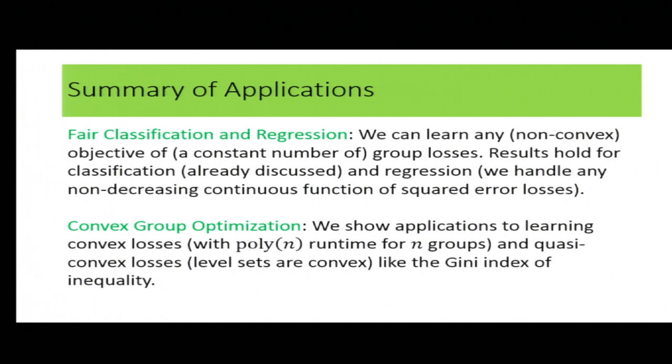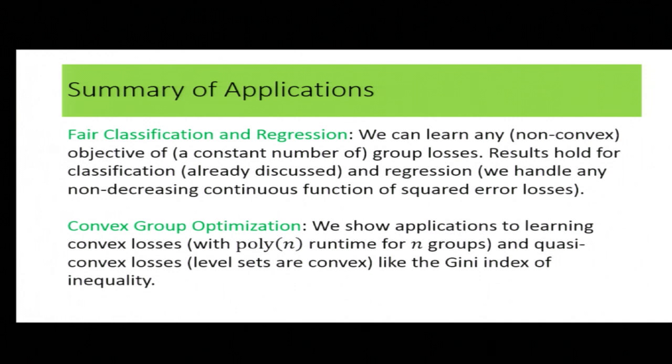All right, so here's the summary of the applications in the paper. I've talked about fair classification, but we also extend it to fair regression, in that we can just minimize squared errors. We can minimize using loss assessors, which are squared error functions. And then we also talk about how to extend it to the convex group optimization case.